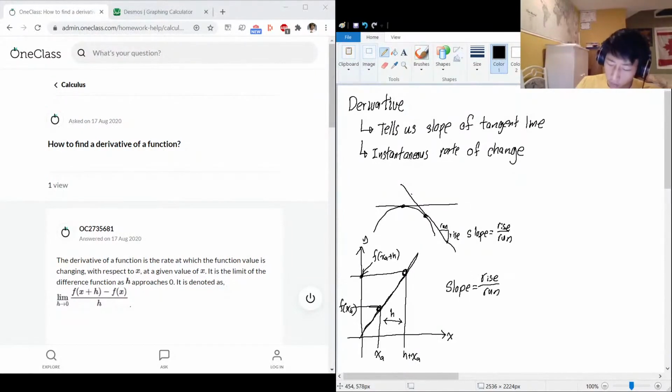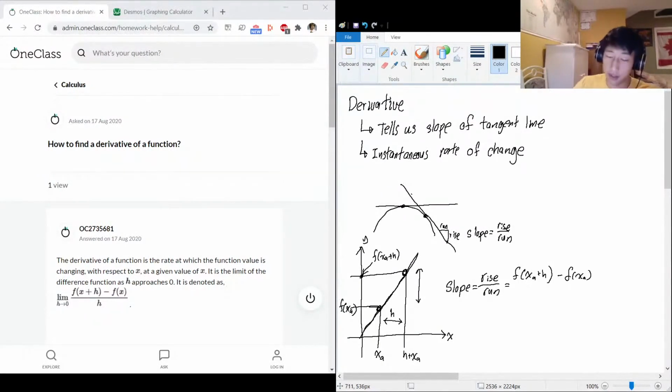What's the rise? How much does it move vertically? Well, the rise is just its final value minus its initial value. So we have f of x of a plus h minus f of x of a.